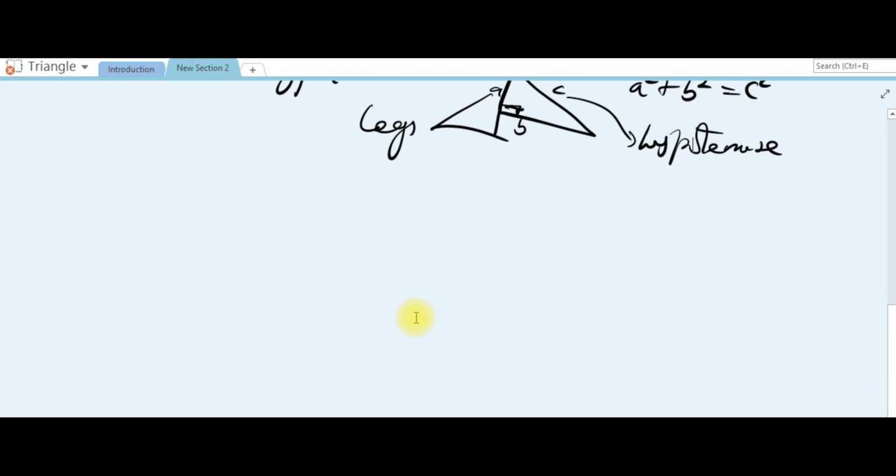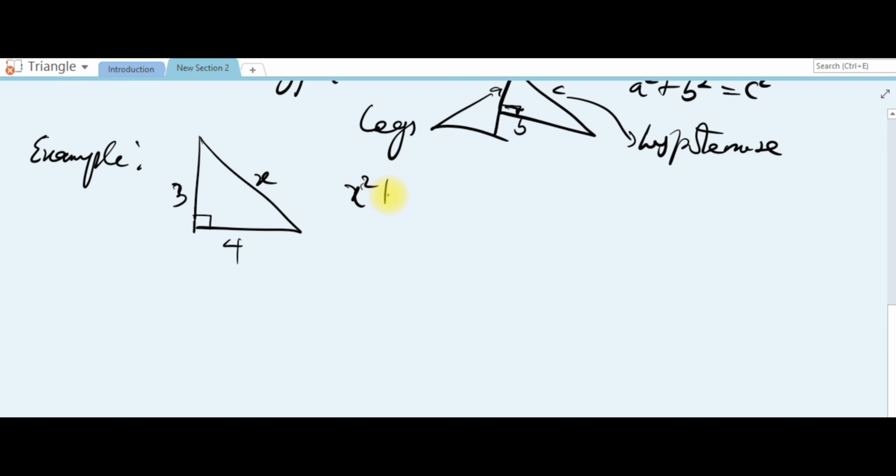Example: if you are given 3 and 4, and you are asked to find x. Since this is a right triangle, we apply the Pythagorean theorem.